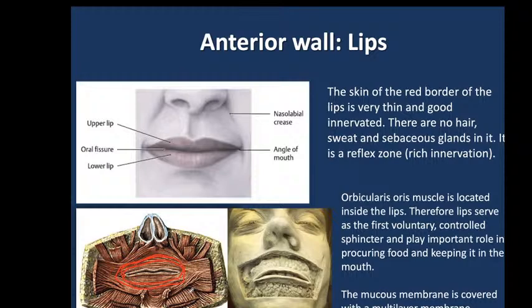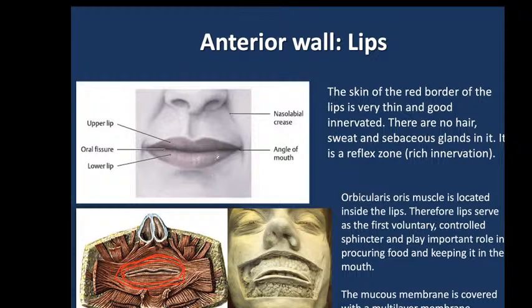So this is a very movable part of our face. And lips have a special form, and you see this is what we call the angle of mouth.